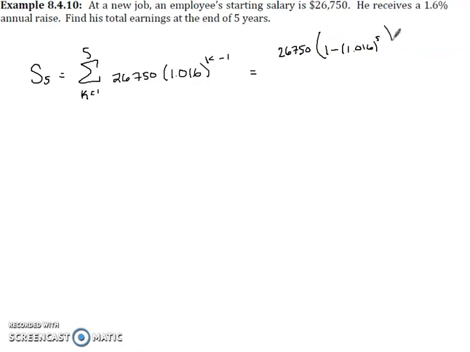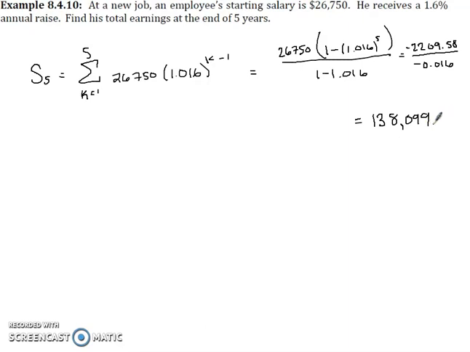Here I'm looking at those first 5 terms, over 1 minus 1.016. And simplifying, I see that his total earnings over those 5 years is $138,099 and about 3 cents.